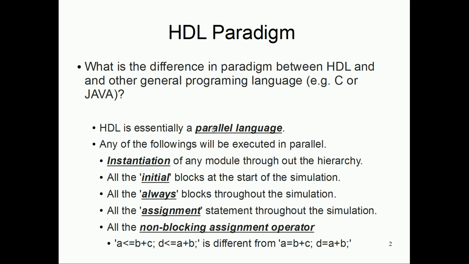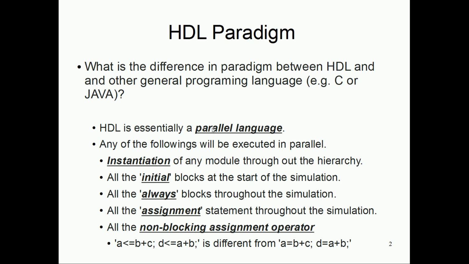There is a non-blocking assignment, which, instead of an equals sign, uses a less-than-or-equal sign. Let's say A non-blocking assigned B plus C, and D non-blocking assigned A plus B. They will be executed in parallel.